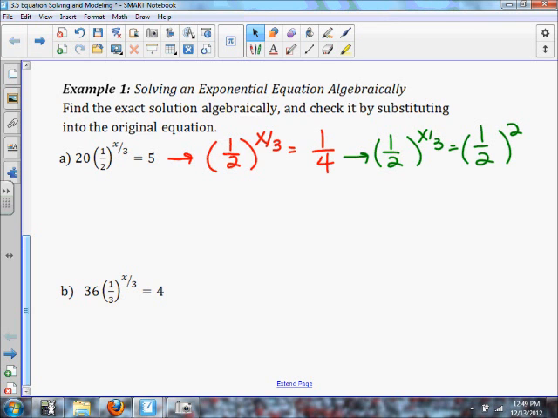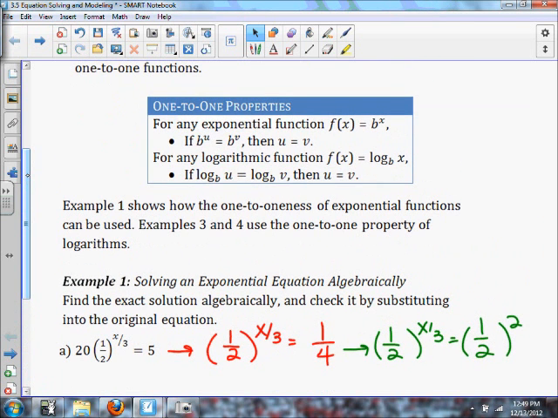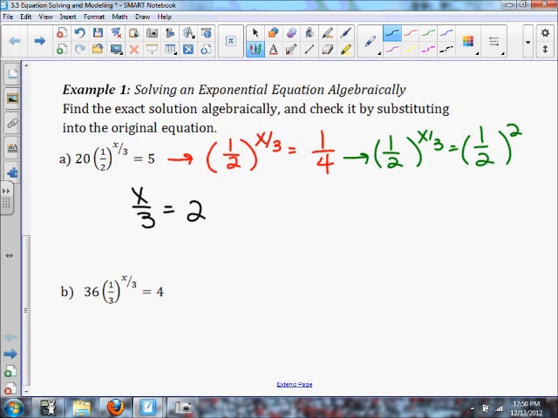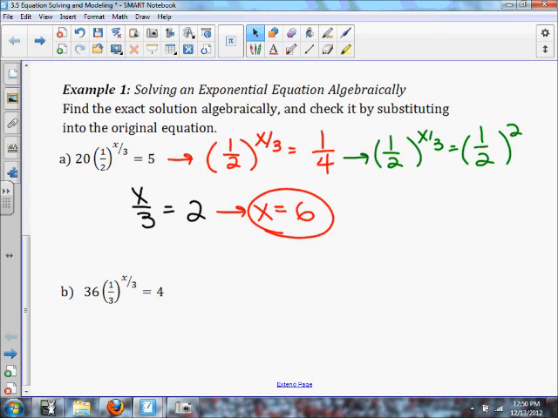Now, really what we're using is this top property. If we have the base to a power equals the base to a power, then the exponents will equal each other. So we can say that x over 3 is equal to 2, which means x will equal 6.